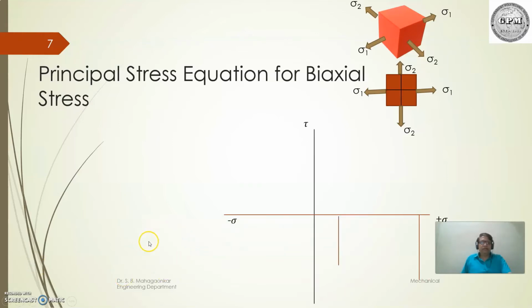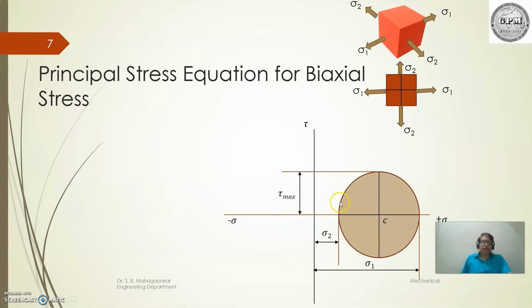Let us say this is the Mohr circle diagram. This axis is the principal stress and this is the shear stress. Here sigma 1 is the maximum principal stress and sigma 2 is the minimum stress. By taking sigma 1 minus sigma 2, I can get the center of that and then draw the circle, and you will get the maximum shear stress.